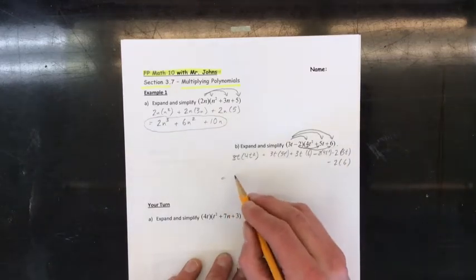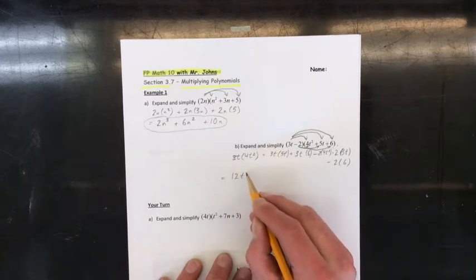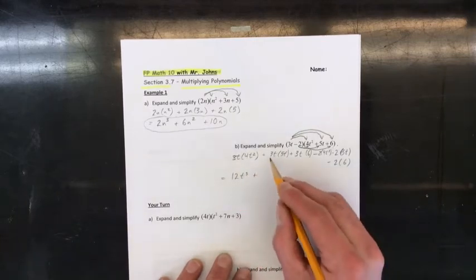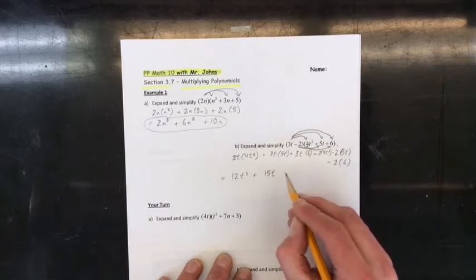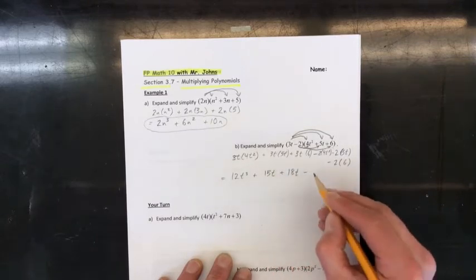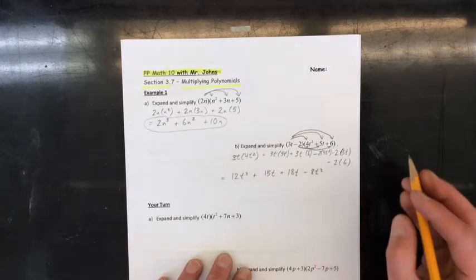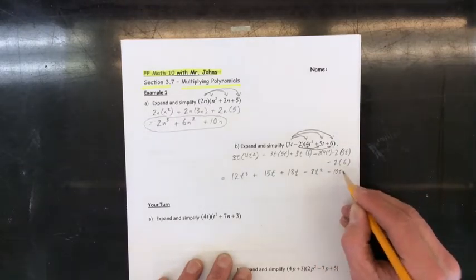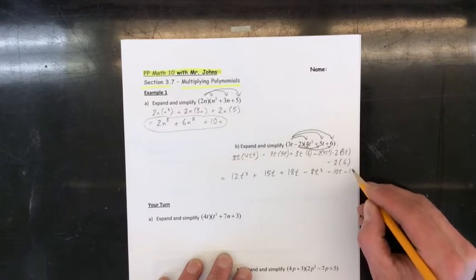So 3t times 4t squared will give me 12t to the power 3 plus 15t plus 18t minus 8t squared minus 10t minus 12.